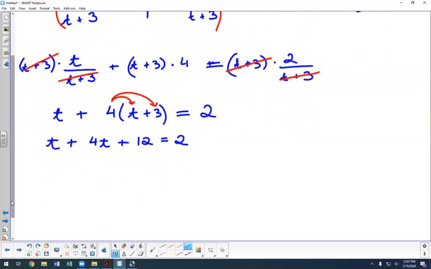So see what happens. Okay, so obviously combine your like terms to get the t terms together. 4 plus 1 will give you 5t, and then we're subtracting the 12. These will give you -10.